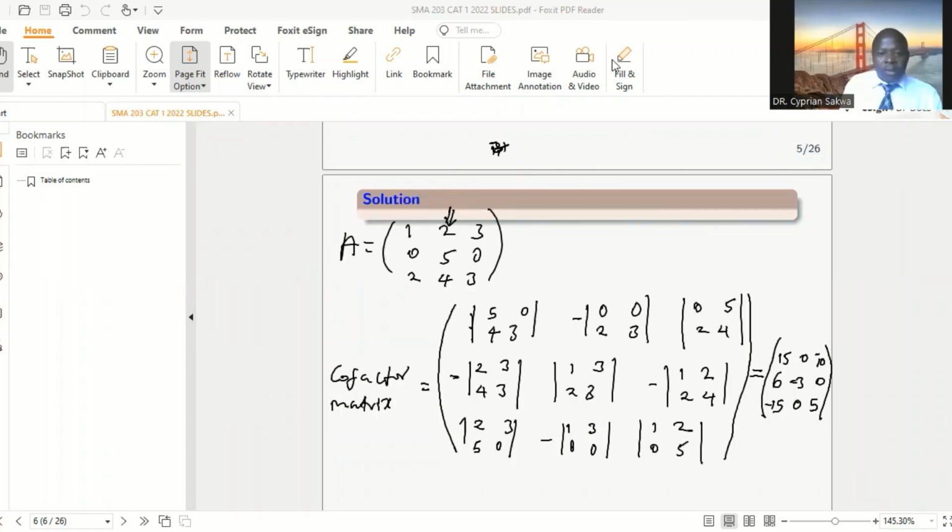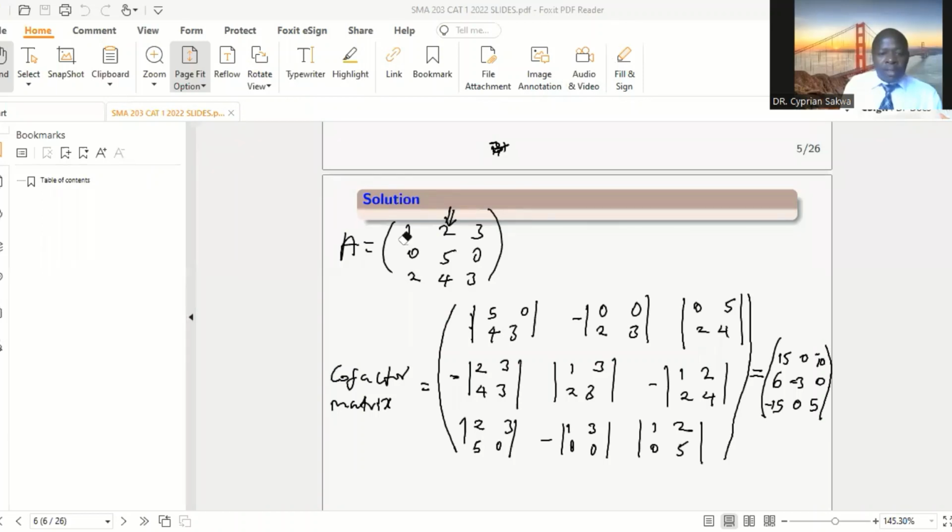So let me write what we've gotten in a good space, so that we can use it to get the adjoint, because the question wanted us to find the adjoint. But what we have is the cofactor matrix.